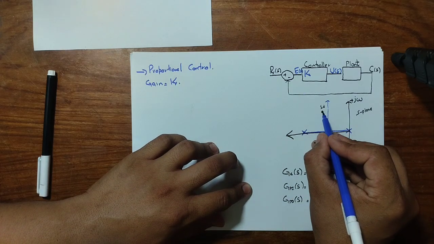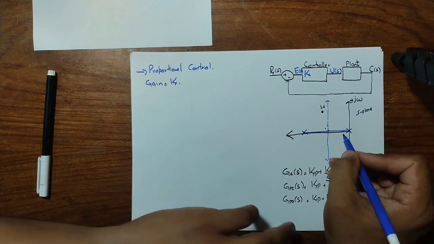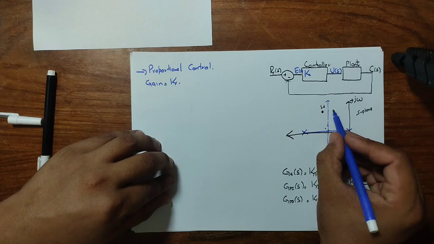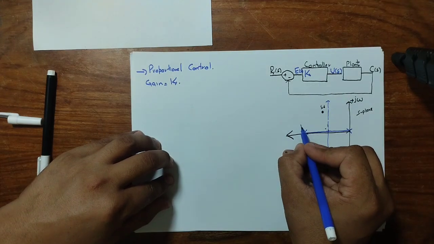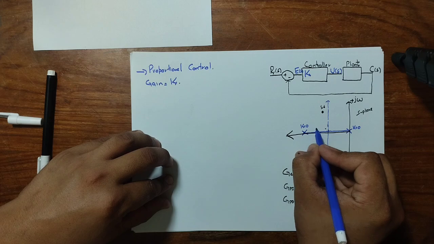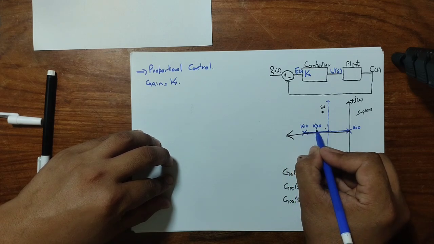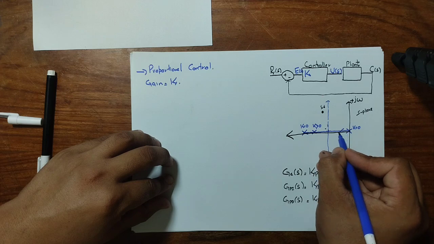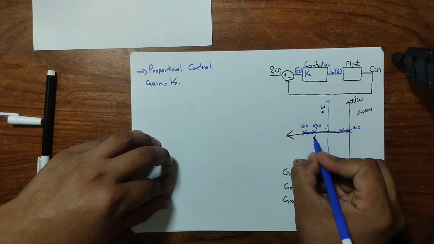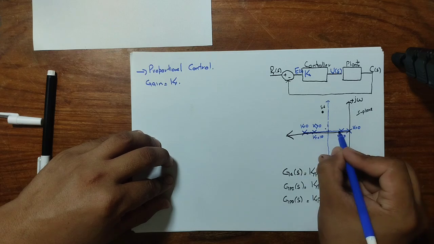These blue lines show that we can operate at any point with a change in gain k. Assume that k is equal to 0 at these open loop pole locations. As we increase the gain, we can have a new value of closed loop pole, and for the sake of understanding, assume k equal to 10 gives new operating points.